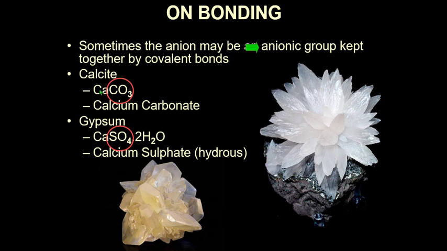The cation is calcium and the anion is not one element but two, carbon and oxygen, making a carbonate. And here it's sulfur and oxygen, making a sulfate. So these are both anionic groups which form these minerals. Very pretty minerals they are too.